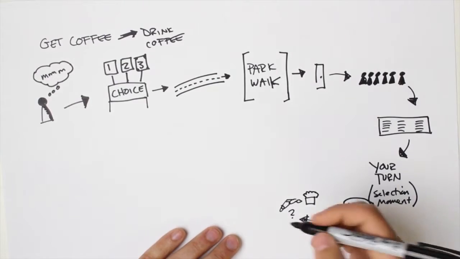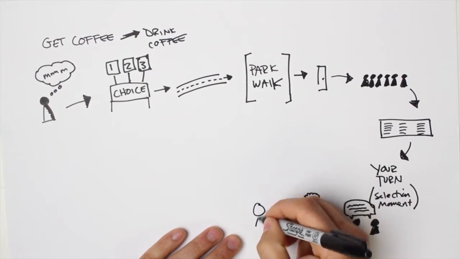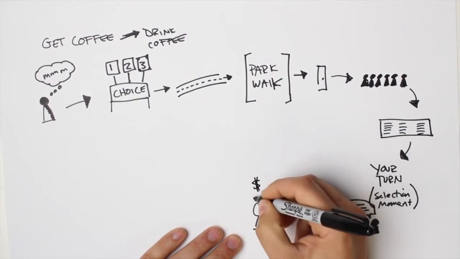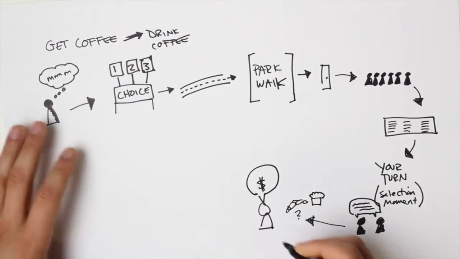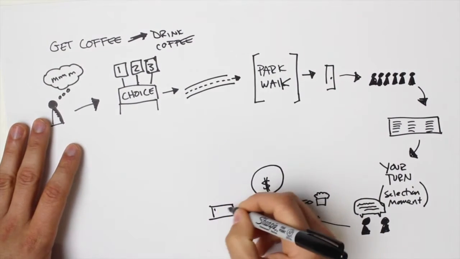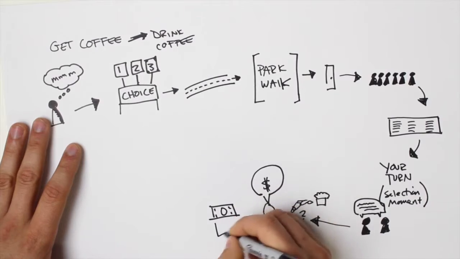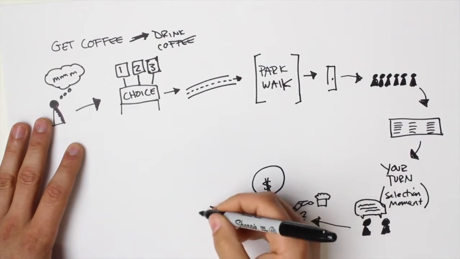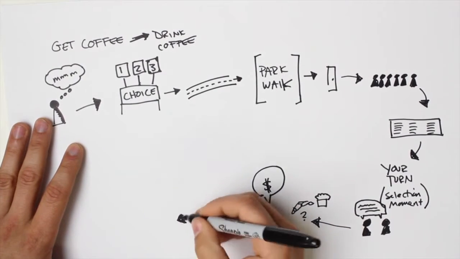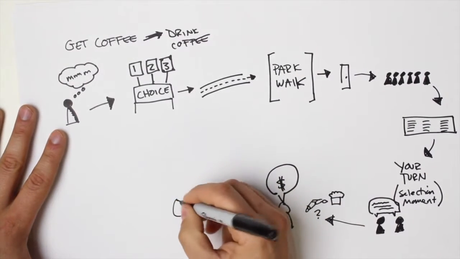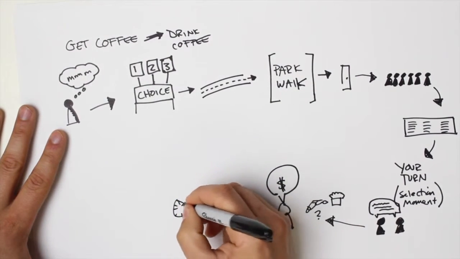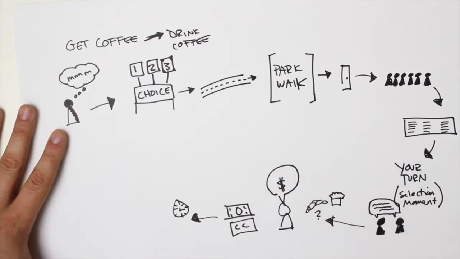You get the idea. You know, next up, someone says, well, you got to pay for your coffee, and then you have a question about, do you pay with cash or do you pay with a credit card? And then running out of space here, there's a wait. You got to wait for your coffee to be prepared.